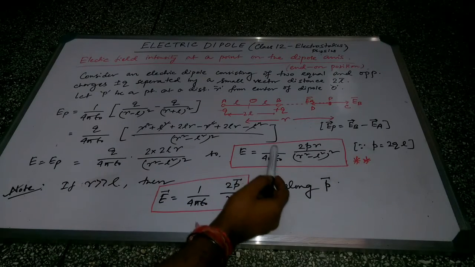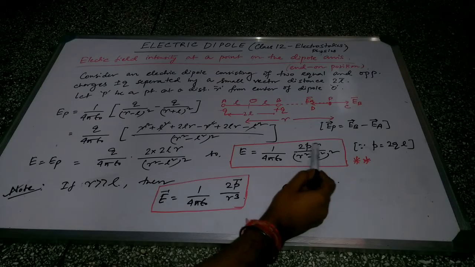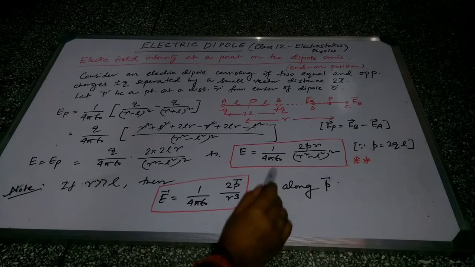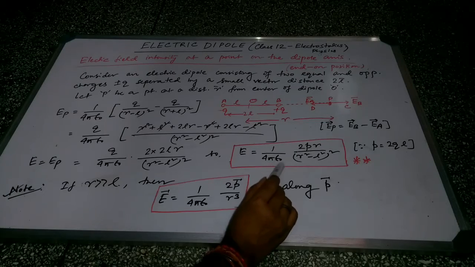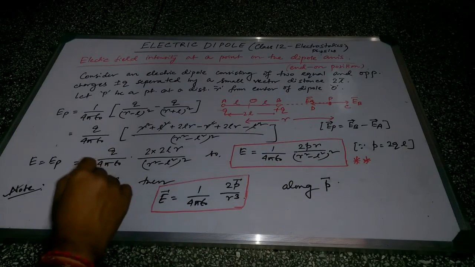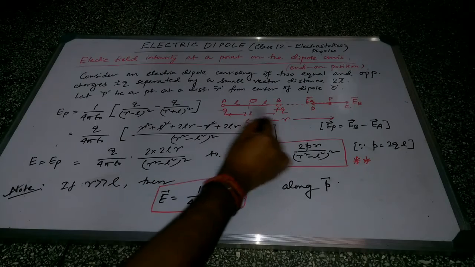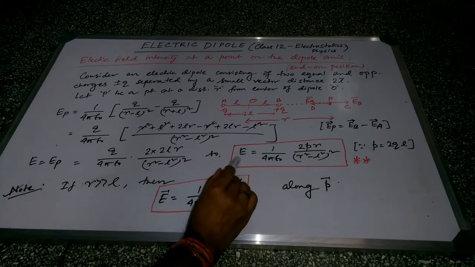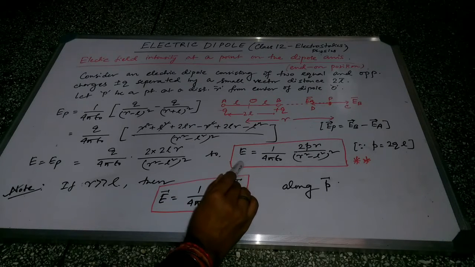So E is equal to 1 by 4 pi epsilon naught 2PR by r square minus L square whole square. So this is the electric field intensity at point P due to this dipole, where the point P is on the dipole axis, that is at the end-on position. So this is the electric field for an end-on position due to a dipole.